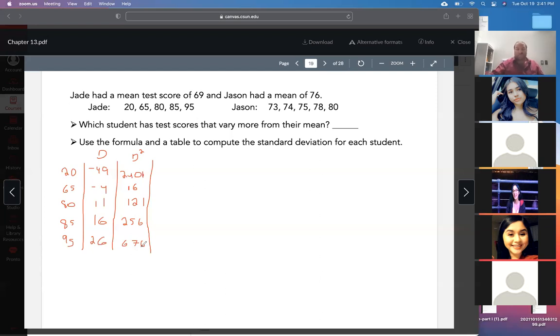What is the sum of those 5 squares? 3,470.